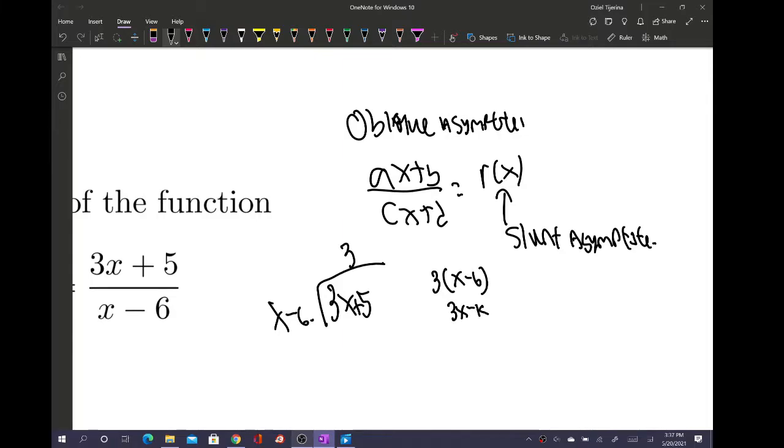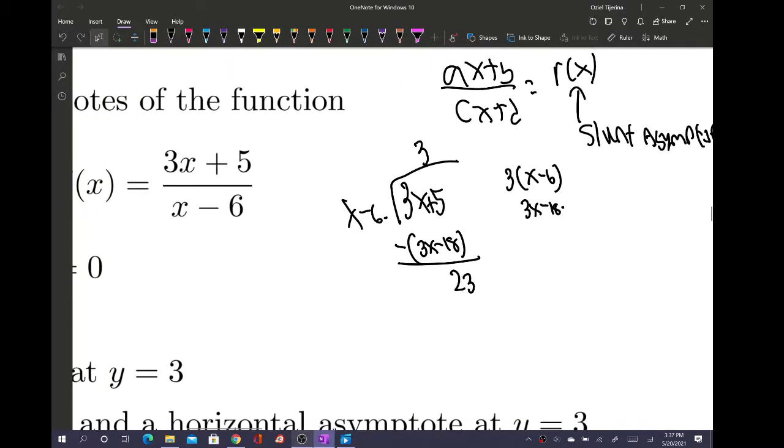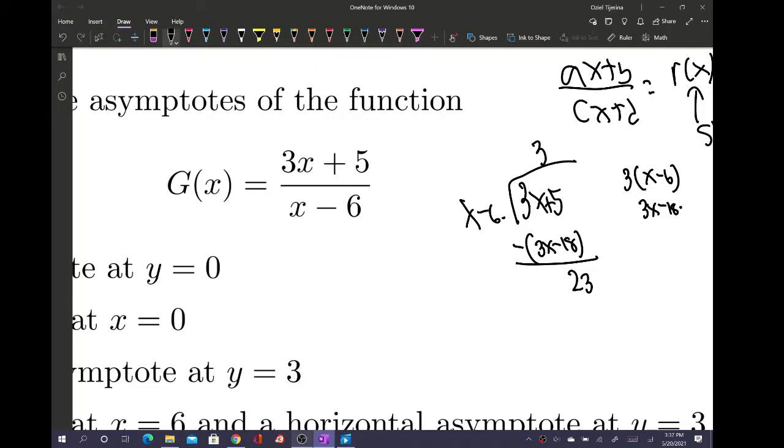This is 3x minus 18, so you're going to say minus the quantity 3x minus 18, and then 5 minus -18, that's going to be 5 plus 18, which is 23. So your remainder will be 3 plus 23 over x minus 6.